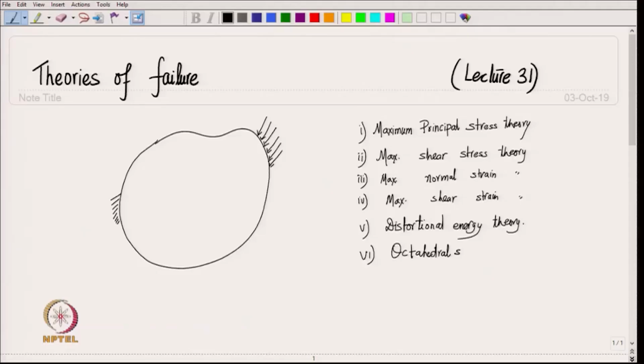Likewise for max normal strain or max shear strain, but for energy at a point we have got a single value for energy. So, we do not talk of max distortional energy, it is just the distortional energy theory. And finally, what is called octahedral shear stress theory. And you will see that the last two theories are actually related.